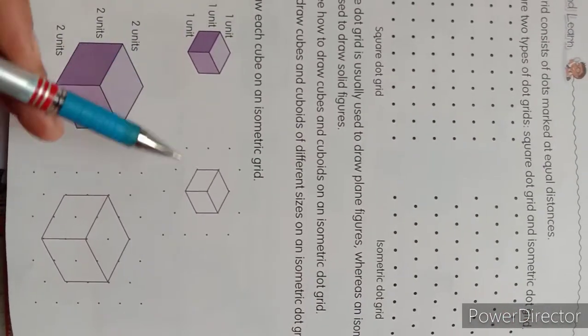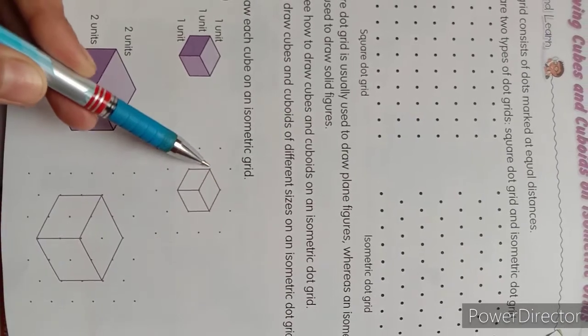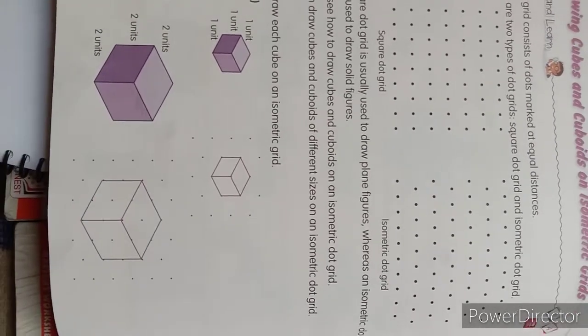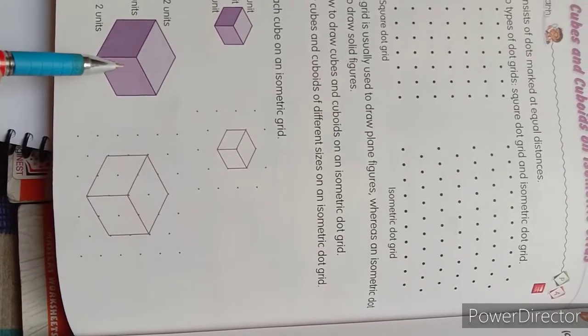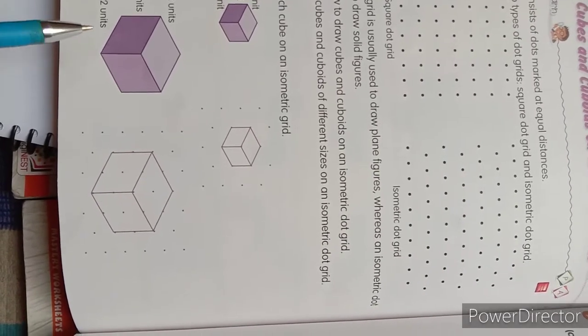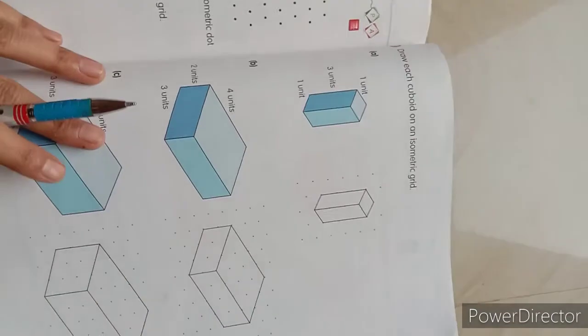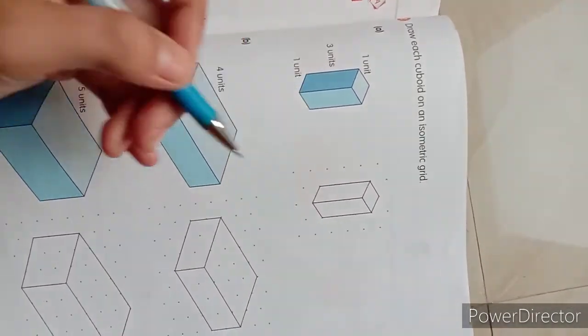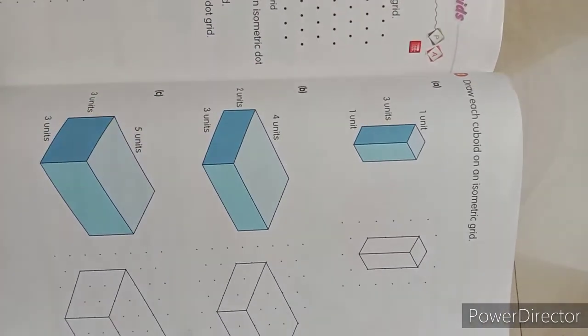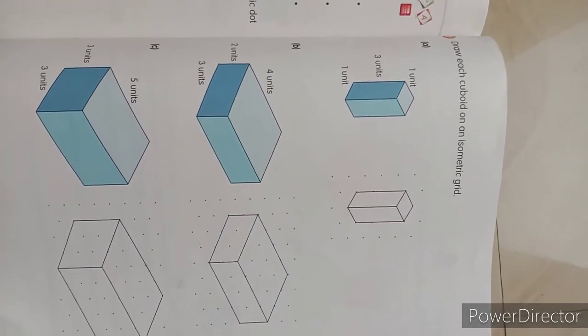We can make this by joining these dots. Then we also make a large cube. Then these are the cuboids. So we can make this kind of cuboid with the help of this grid.